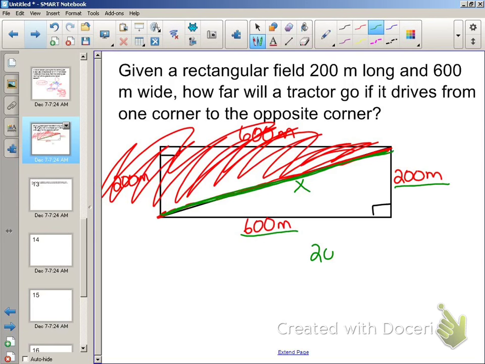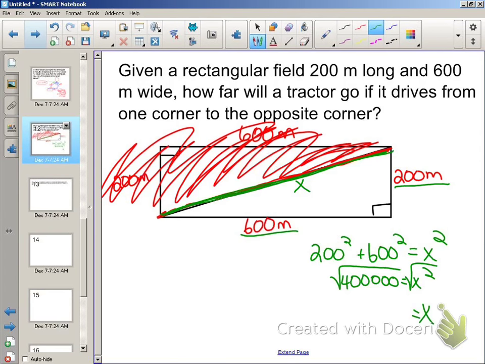If I'm given two sides and looking for another side, I know that I have to use the Pythagorean theorem. So I'm going to use 200 squared plus 600 squared equals x squared. 200 squared plus 600 squared is 400,000. And that equals x squared. So I'm going to take the square root of both sides.